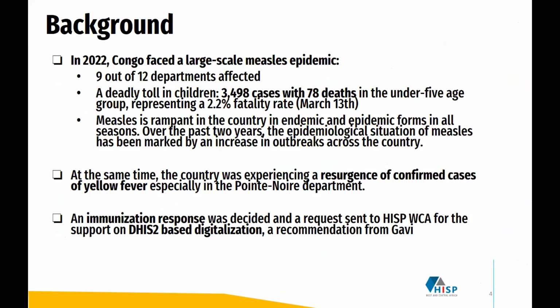In terms of background, regarding the immunization campaign that we had in Congo Brazzaville, not DRC: in 2020, the country was facing a large-scale measles epidemic, hitting 9 departments out of 12, with a deadly toll for children.